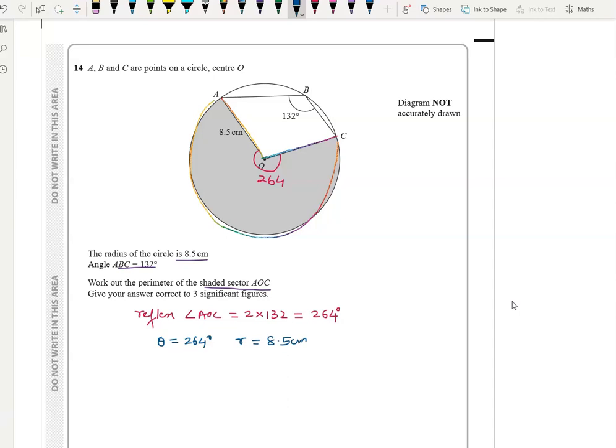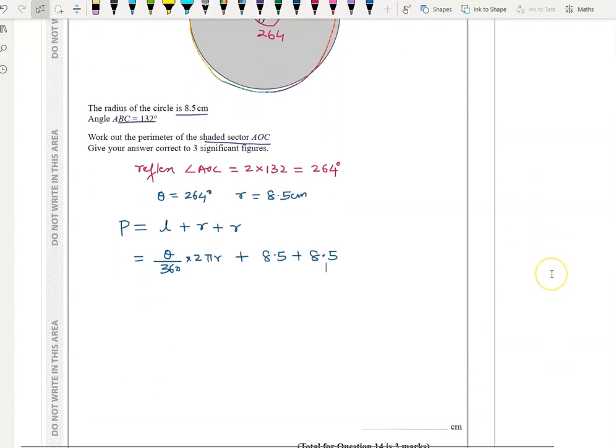Now the perimeter of the major sector will be the length of the arc plus the two radii. The formula for the length of the arc is theta out of 360 times 2 pi r, plus the two radii. Here the radius is 8.5 and 8.5. So let's substitute the values.